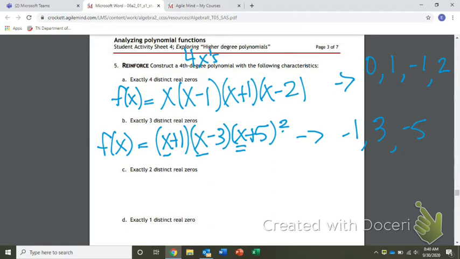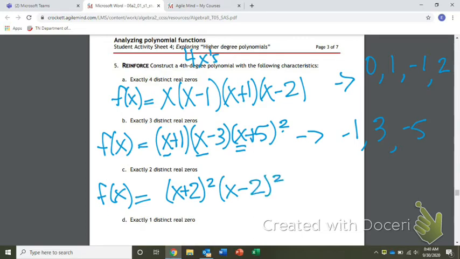If it has exactly 2 distinct real zeros, x plus 2 squared, x minus 2 squared. There's 1, 2, 3, 4 x's. My zeros would be a negative 2 and a positive 2.